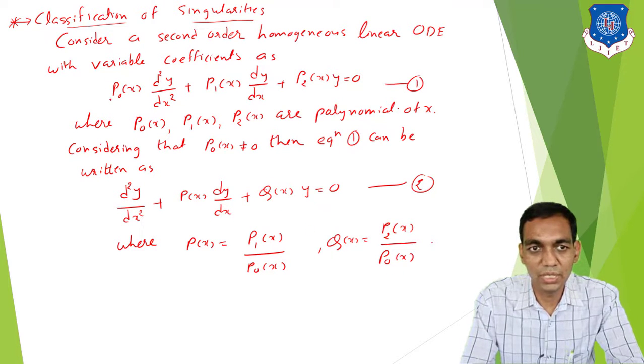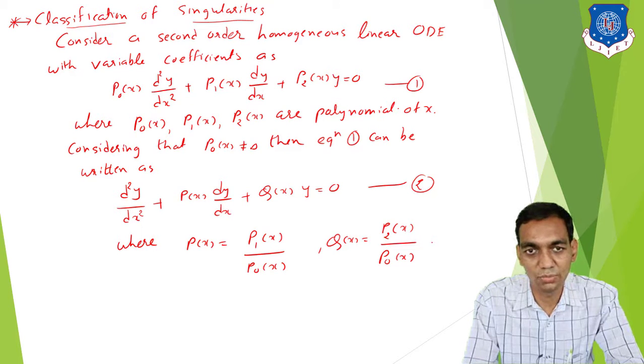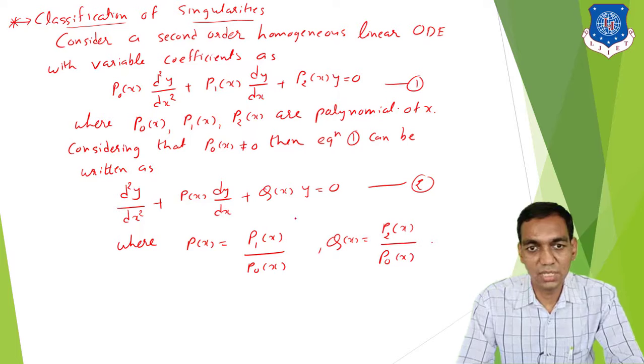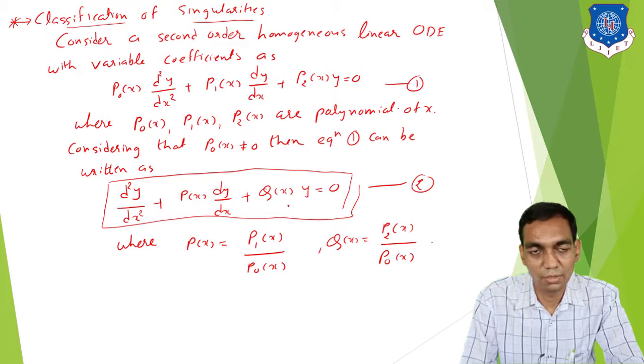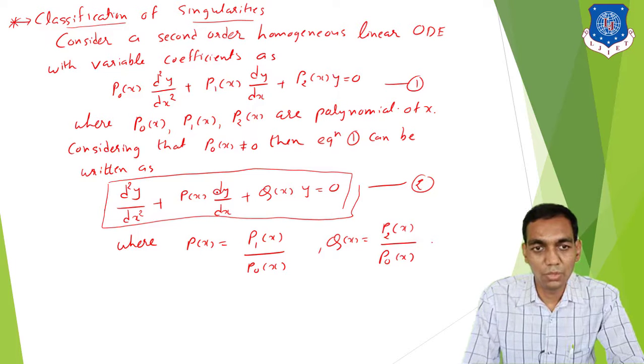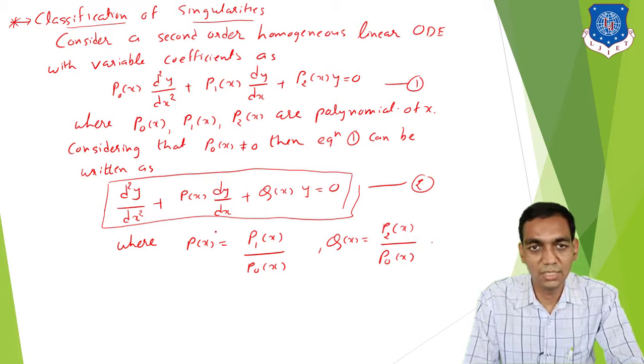That means you are simply dividing equation 1 by p0(x), which is not equal to 0. So this equation number 2 is the standard form of a second order linear homogeneous equation. Okay. Now here, using this p(x) and q(x), we are going to classify the points.